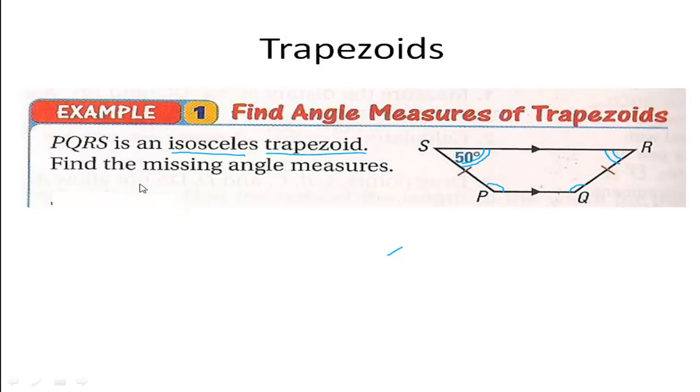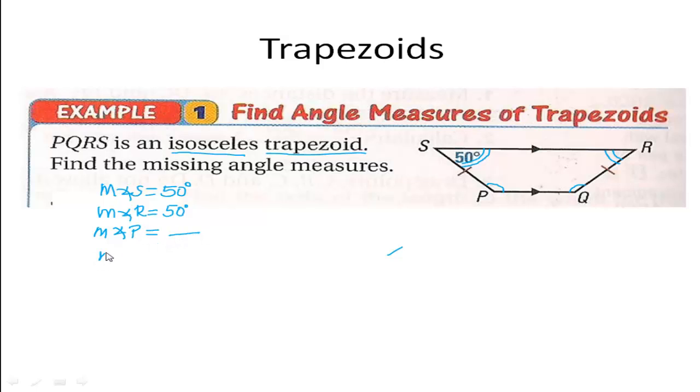So I know the measure of angle S is 50 because it's given. Automatically, I know that the measure of angle R is 50 also, because in an isosceles trapezoid, the base angles are congruent. Now, how do I find the measure of angle P and the measure of angle Q?